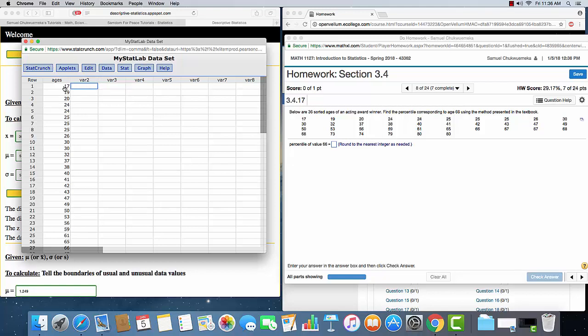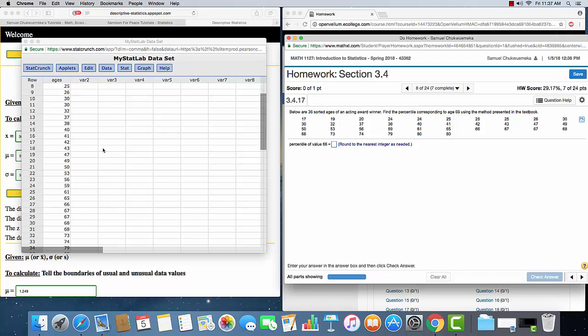In this case, the sample size is 36 ages. It's already sorted, that's true. Look at it right here, it says 36 sorted ages. So let's find the data value 66 is right here.